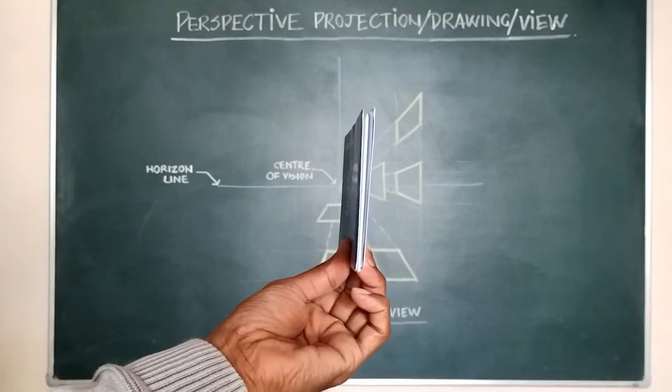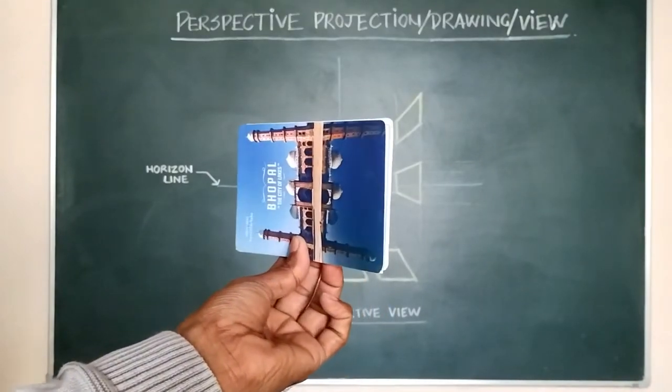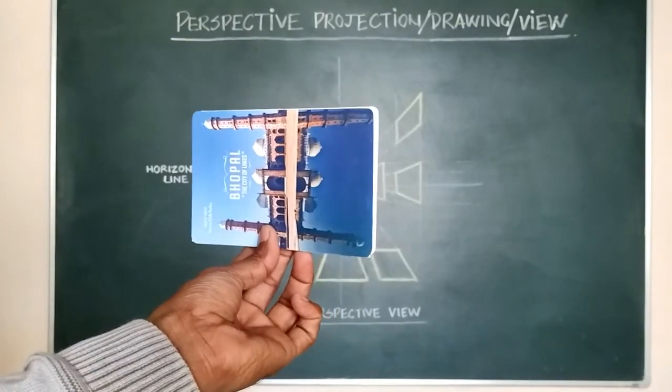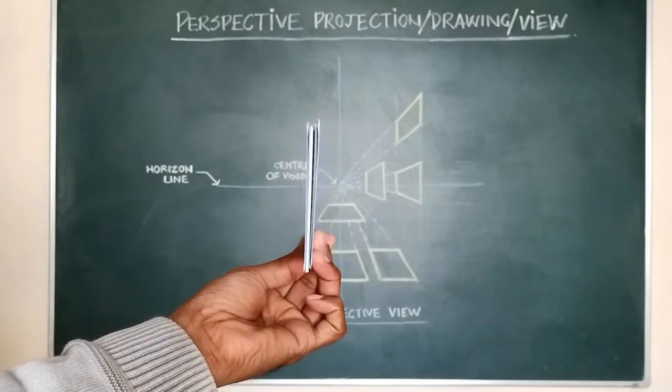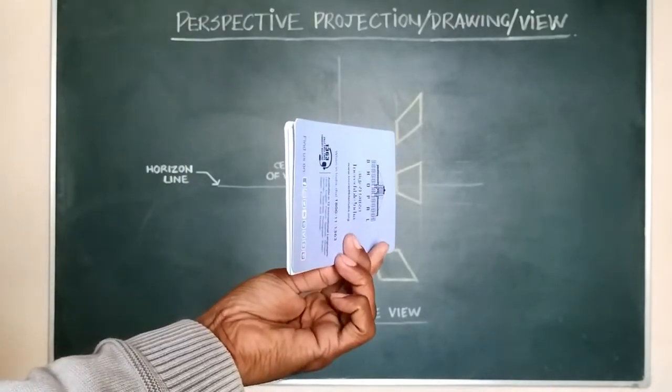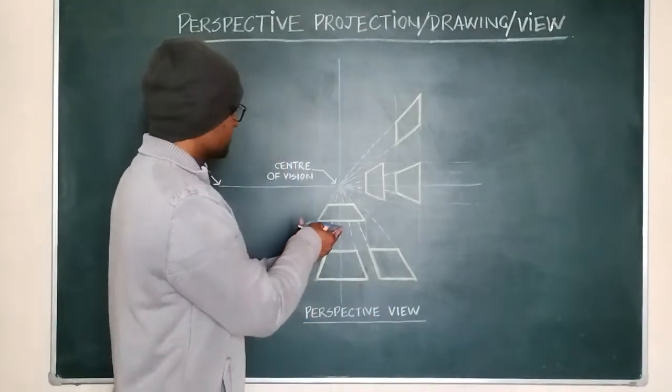We can also do here, instead of putting perfectly vertical, we are keeping it vertical but making some angle with the picture plane, either this way or this way. Now let's see what we are doing right now.